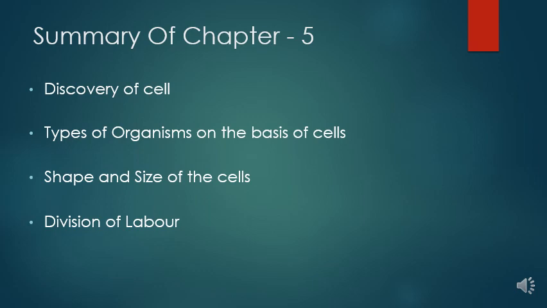In some cases, the cell shape could be more or less fixed and peculiar for a particular type of cell. For example, nerve cells have a typical shape. I talked about division of labor also. In multicellular organisms, that means different parts of the human body perform different functions.